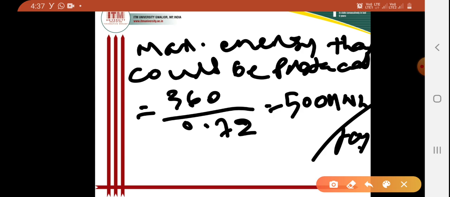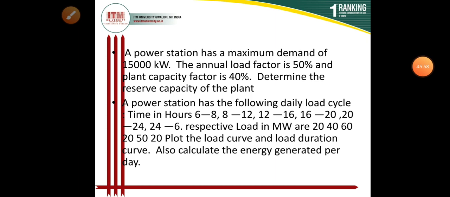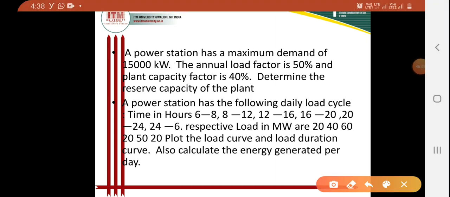The maximum energy that could be produced is 500 megawatt hour. So this is our solution for the third question. This question we may solve. Now I am coming to the next question.